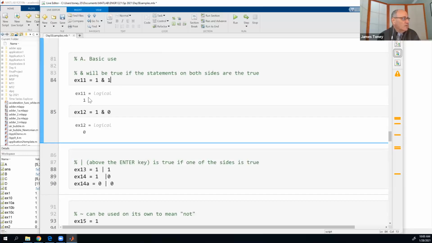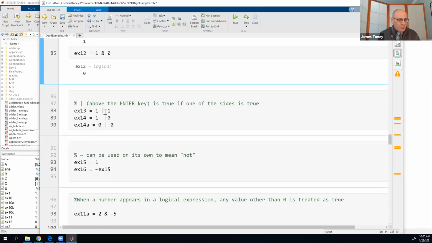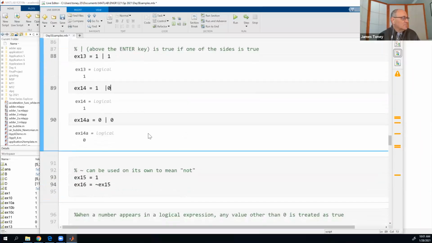All right, so 1 and 1 gives you 1. 1 and 0 gives you 0. Or, which is a vertical line, gives you a true if either of its arguments is true. Right? So 1 or 1 will give you 1. 1 or 0 will give you 1. But 0 or 0 will give you 0 or false.